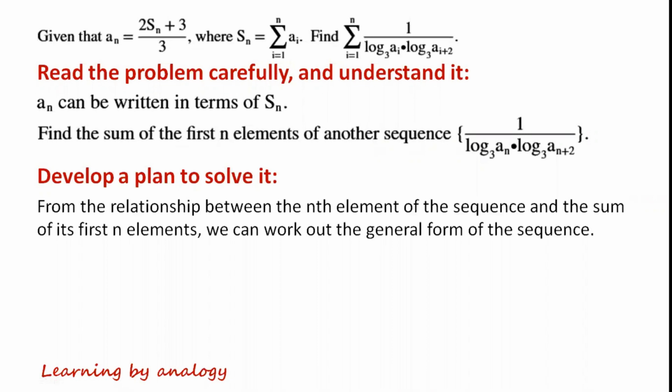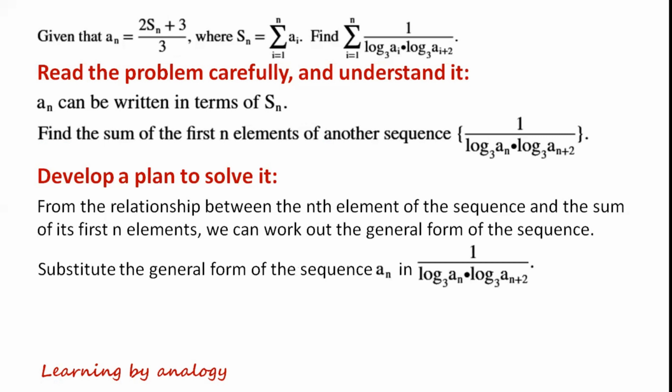From the relationship between the nth element of the sequence and the sum of its first n elements, we can work out the general form of the sequence.